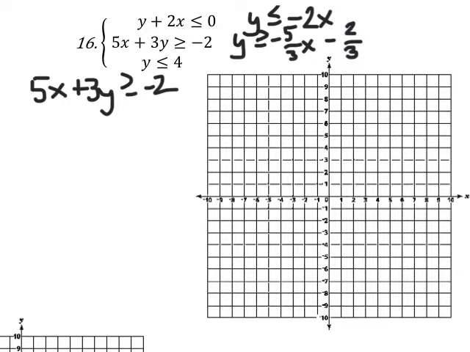So we just need to plug in some points and see if we can figure out one that's going to work for us. Now, it may take a while to do this. It's really up to you, but you just need to figure out some points to work with on this graph. So I'm going to go ahead and choose y is 6.